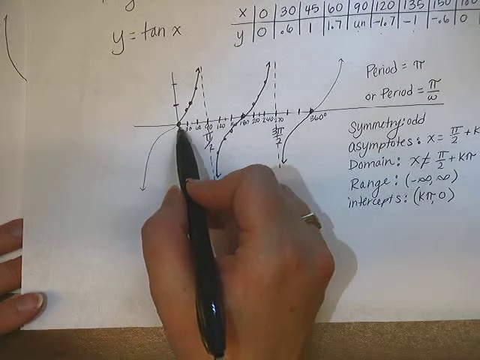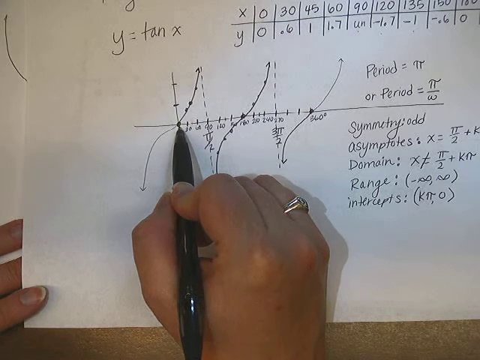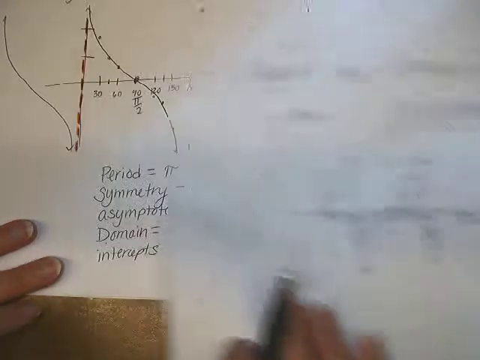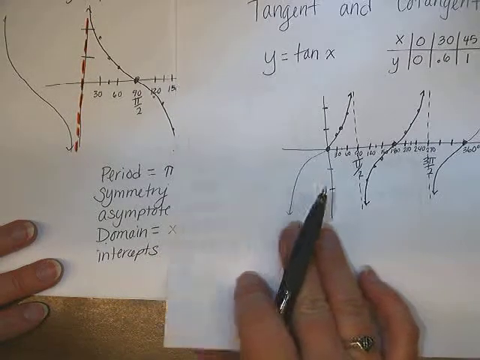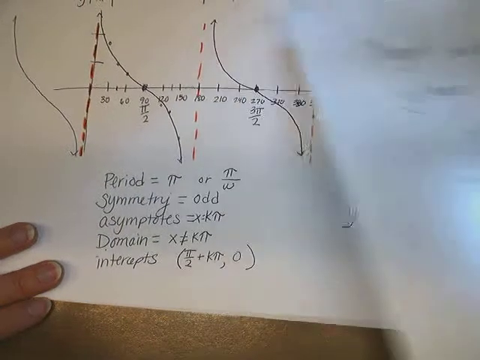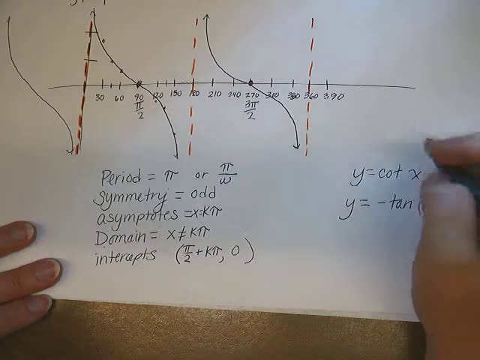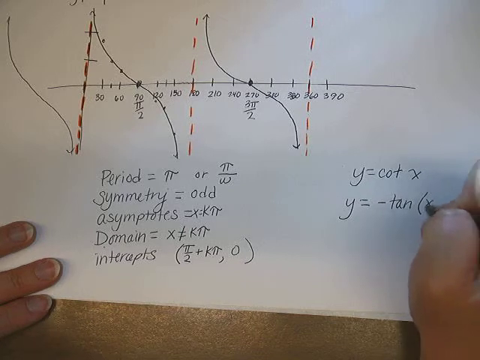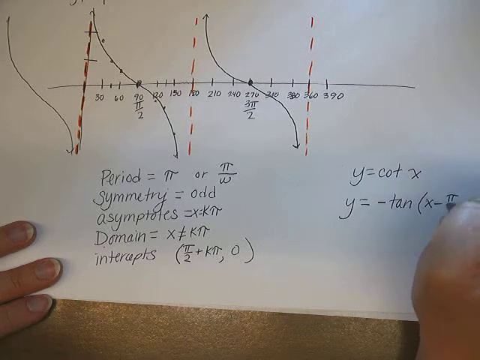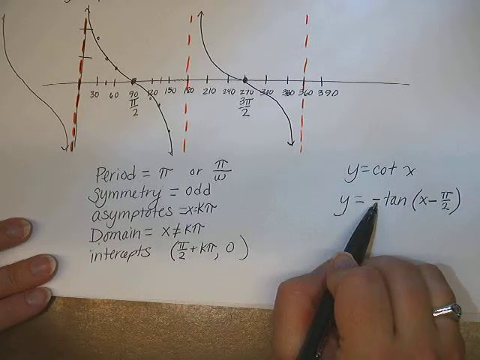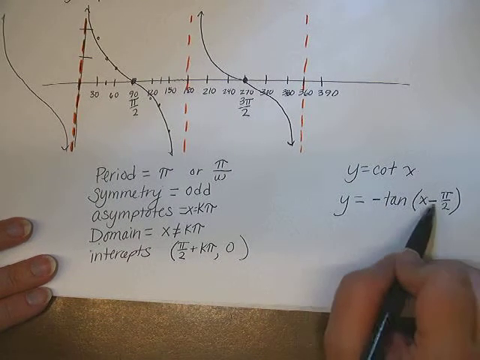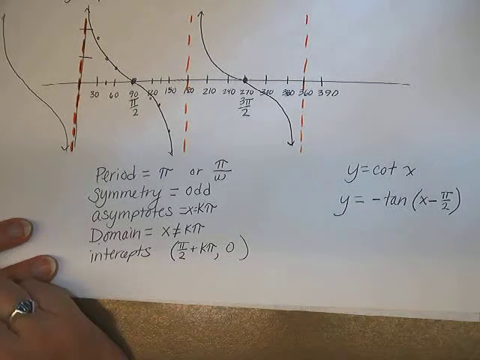Then for our tangent graph, this point 0 is here at 0, 0, and this one is at pi halves 0. So not only is the graph reflected, but it's also moved to the right pi halves. So that means that we can change this to a tangent graph by making it x minus pi halves and doing the negative to reflect it. So this tangent graph will be identical to your basic cotangent graph.